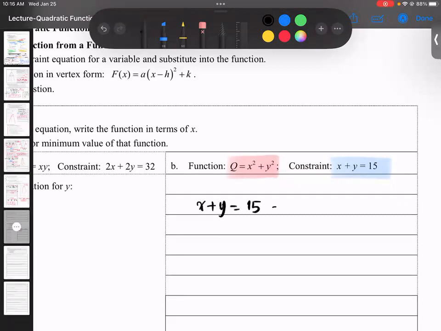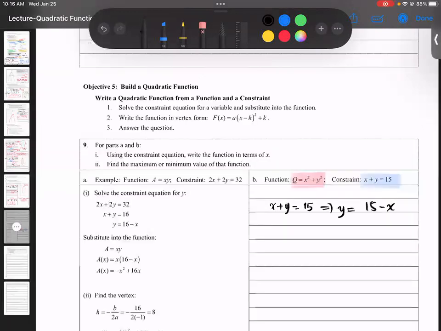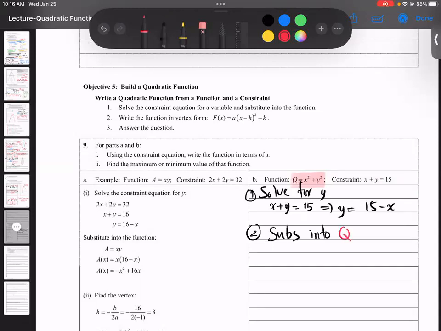Let's solve for y. y will be 15 minus x. So step one, solve for y. Once you have y, you're going to substitute it into the red function. So you want to substitute into q. Here, q is a function of x, so I call it q of x equals x squared. Instead of y squared, we're going to substitute with 15 minus x.